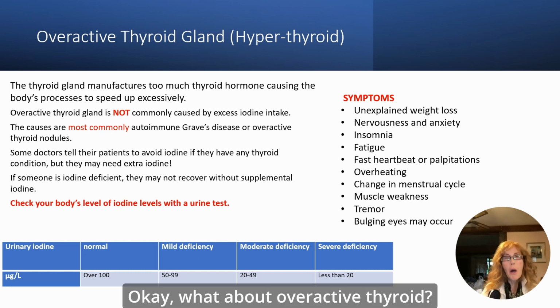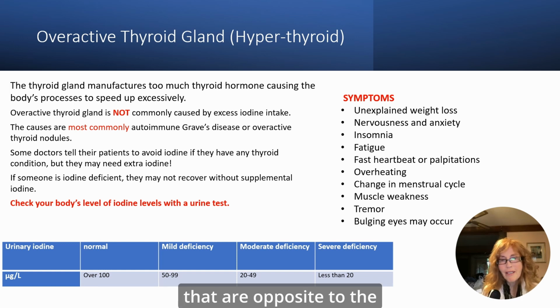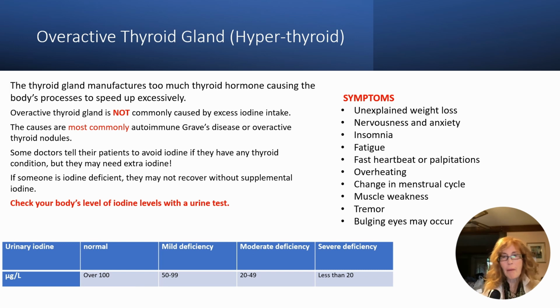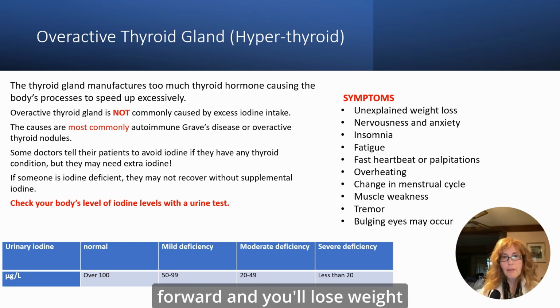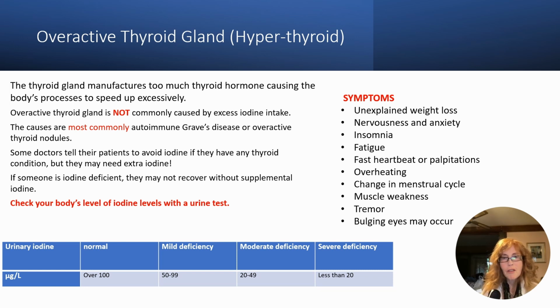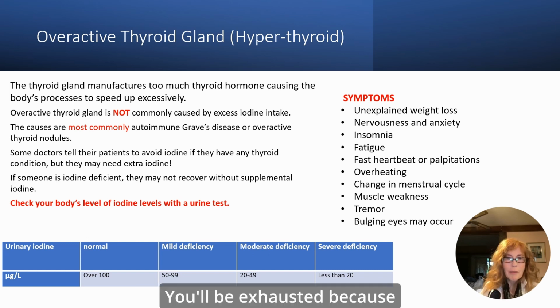Okay, what about overactive thyroid? Well, obviously we're going to get symptoms that are opposite to the underactive thyroid, aren't we? Because everything will speed up. You'll be going on fast forward and you'll lose weight even though you'll be eating like a horse. You'll have a voracious appetite. You may be nervous and anxious. You won't sleep. You'll be exhausted because everything's going so fast.